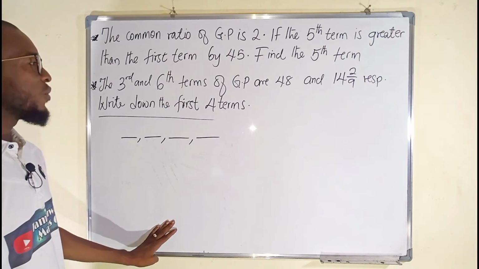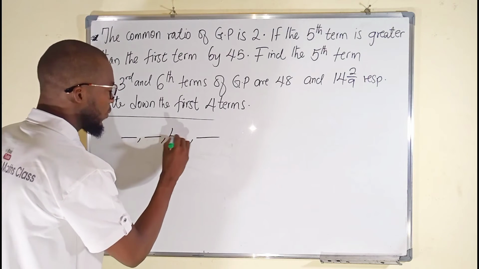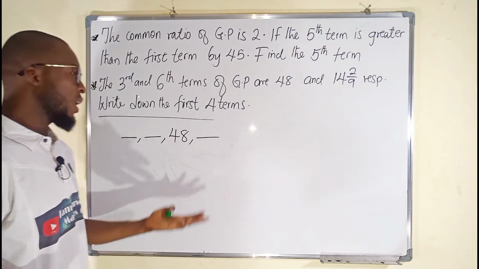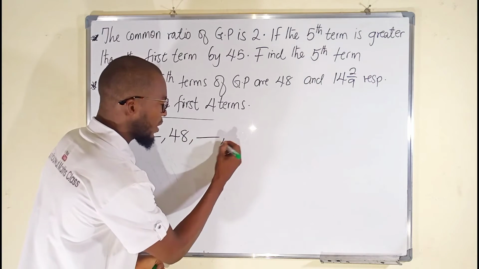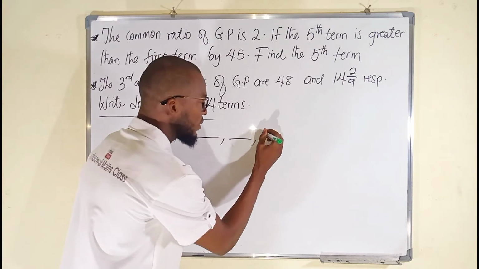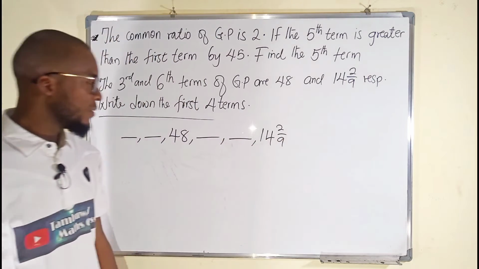But the third term is given from the question as 48. So we have 48 here. We need the common ratio, therefore we can continue our sequence. We have the fifth and the sixth, which is 14 2/9.